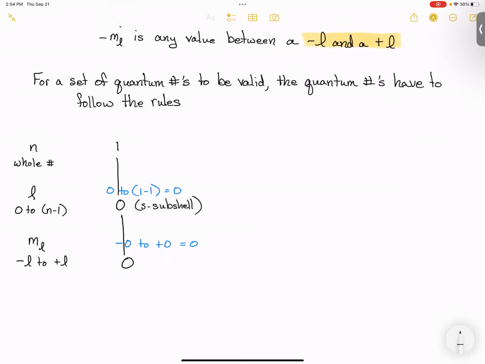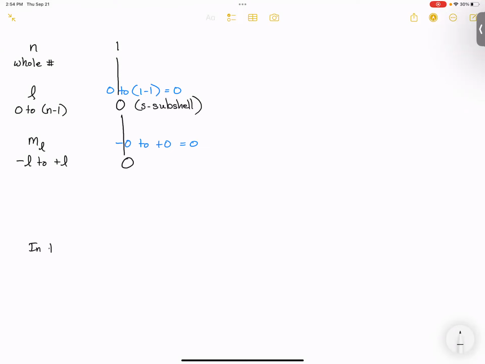So if we were to explain what's going on, we would say in the first shell, the only subshell that can exist is an S subshell.